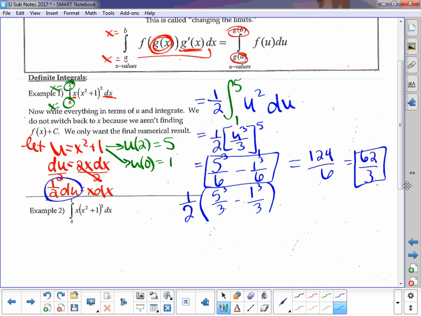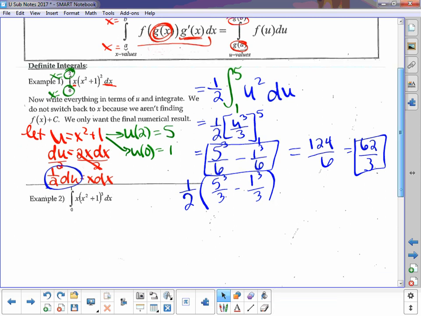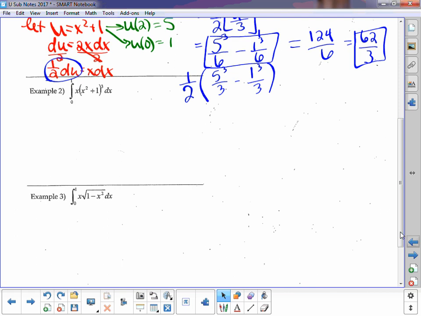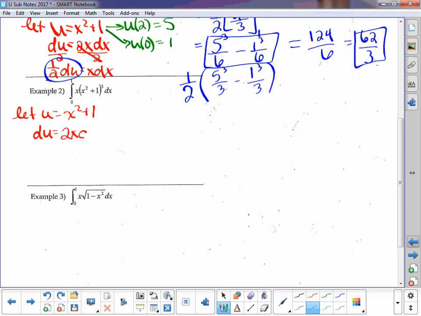Okay. So let's try example 2. Alright, so let u be, what would you guys like? x squared plus 1. Good, x squared plus 1. So du would be 2x dx. And that pesky 2 is in our way.